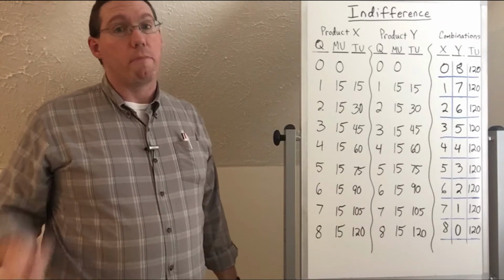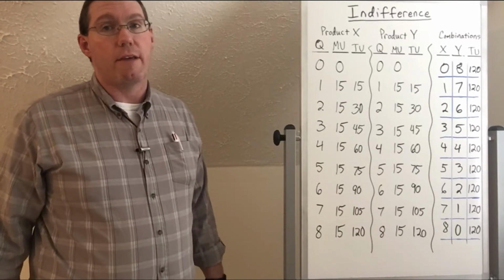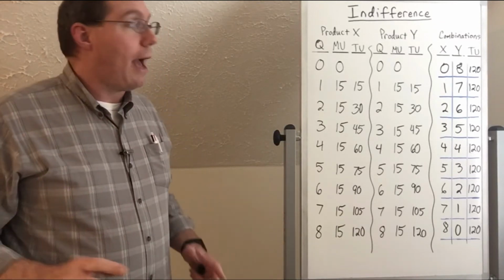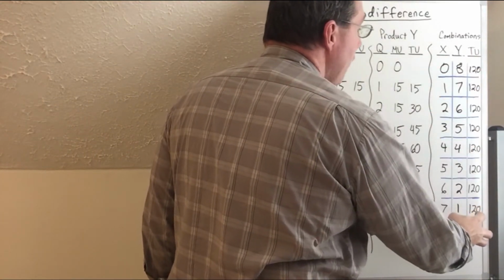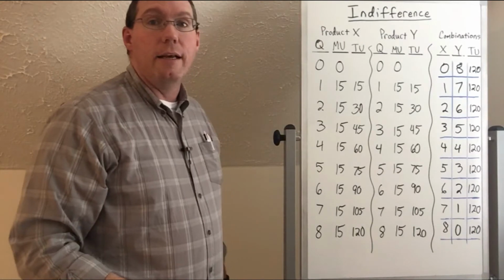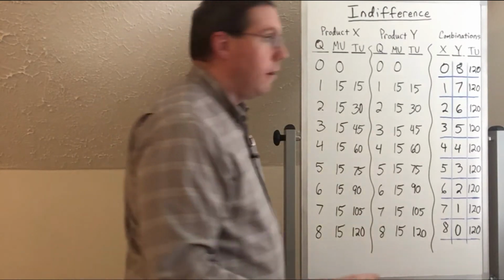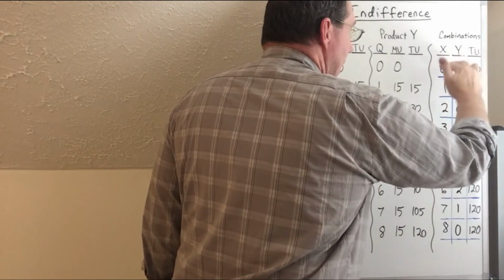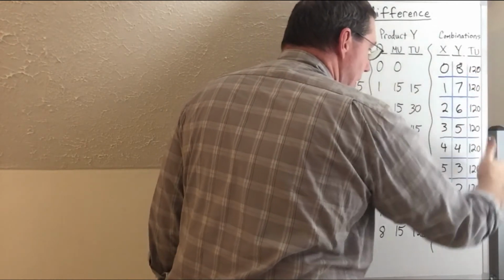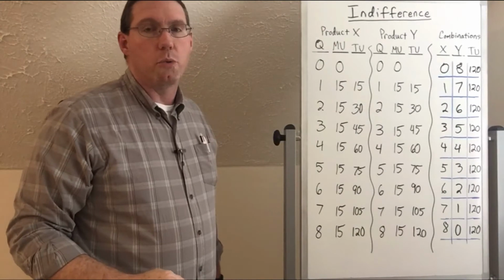I'll take either one, because both of them will give me the exact same amount of satisfaction. And so what we're going to do now is take this chart and graph it on a coordinate plane to see what the relationship between X and Y looks like, and at every one of these points we're getting the exact same amount of utility, 120.